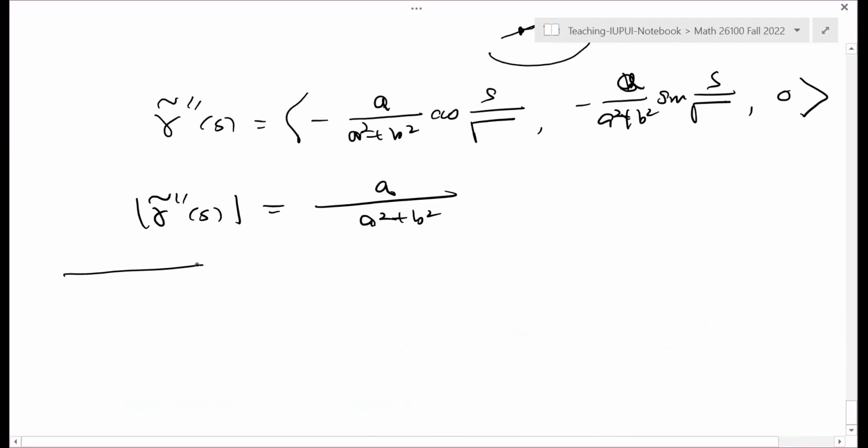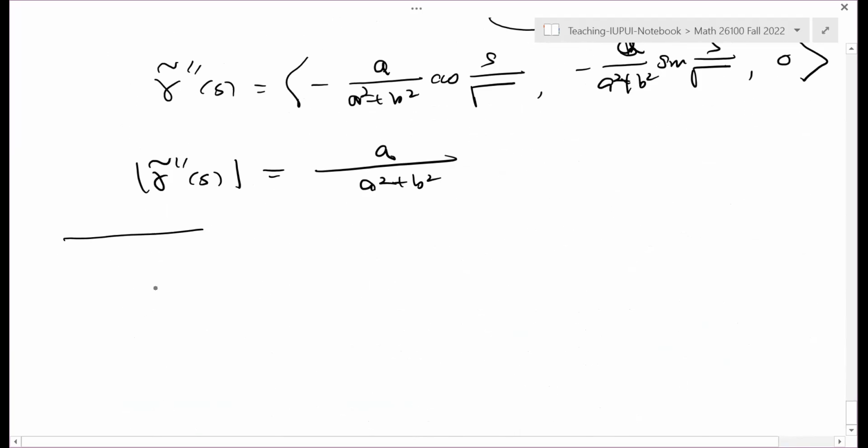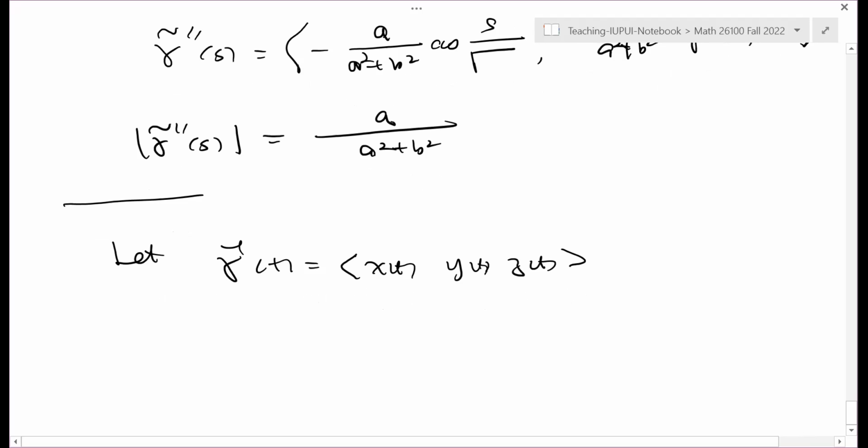So now let's consider gamma of t, with components x(t), y(t), and z(t). When we find the derivative, it is going to be a new vector, and you have to differentiate each component.